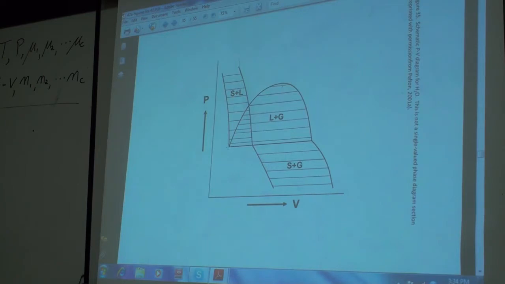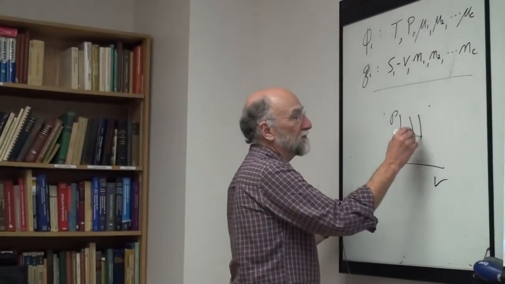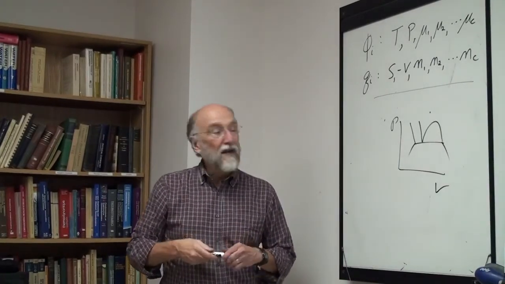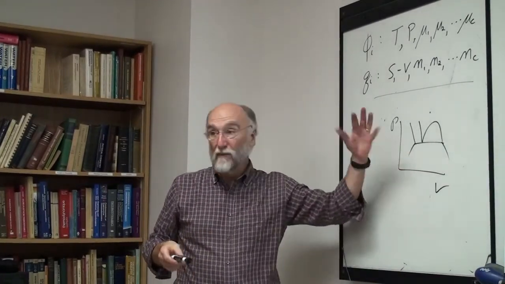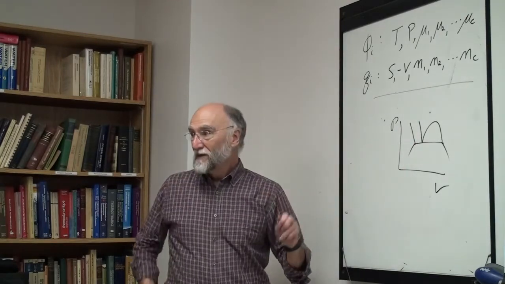Ice floats on water, but for most materials the solid sinks to the bottom. And in that case, these two points here are flipped around, and so in such systems, the PV diagram is going to look like this, which is okay. But you can't be assured that it's going to be, and there could be other triple points that work the other way around when you have three different phases there. So you're not assured.